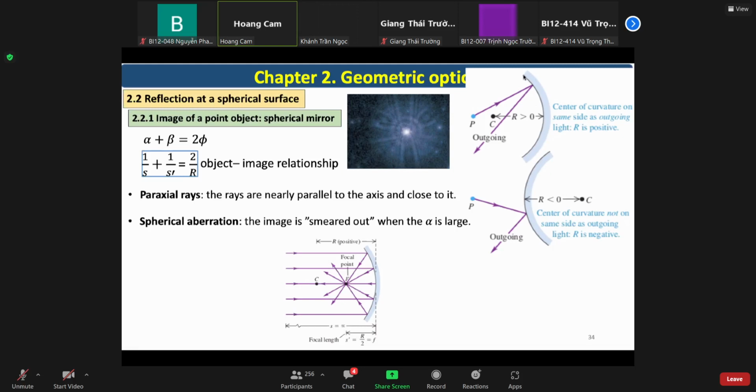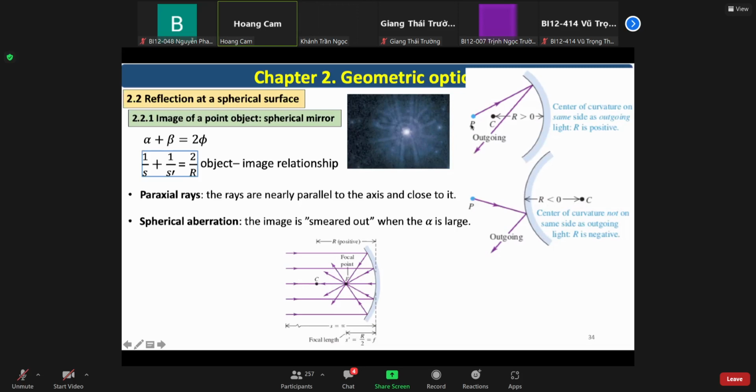The first one is the concave we just discussed. And the second one here has a shape like this, and the black solid curve shows us the spherical mirror. In this case, it is convex, right? So the center of curvature is in this location.